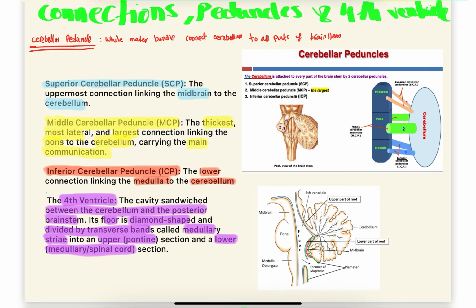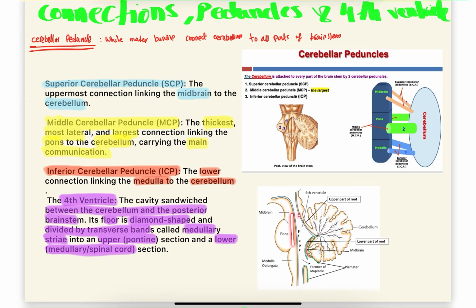Now, the floor is diamond shaped. I don't know if it makes sense here, but imagine it like this. So it's diamond shaped, and it will be divided with transverse bands dividing this area. What do we call them? We call them the medullary stria. Of course, we're going to see this later on in other slides, so just keep this in mind.